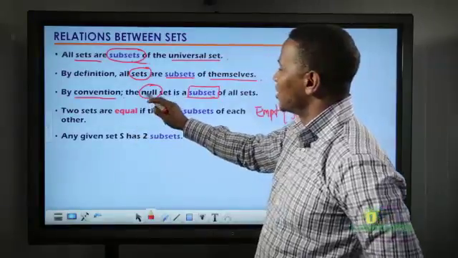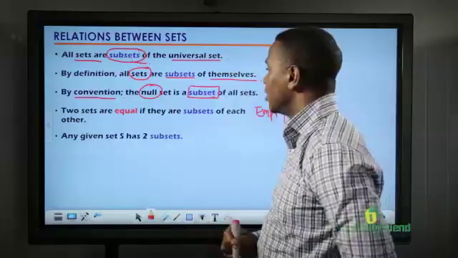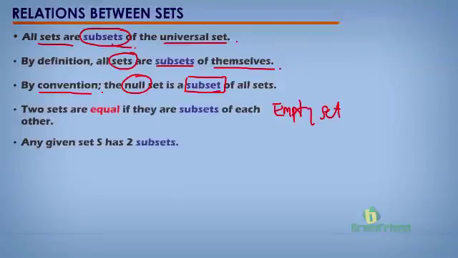The null set was included as a subset of our given set in question. Also, another fact to take note of is that two sets are equal if they are subsets of each other. Finally, any given set S has two subsets.